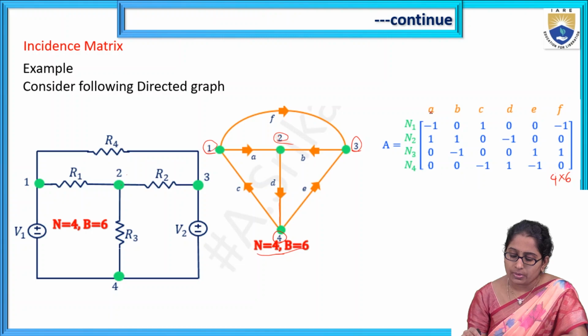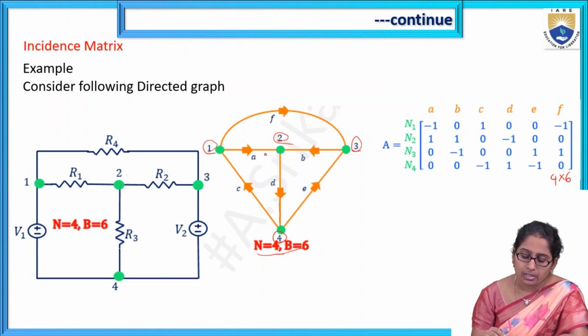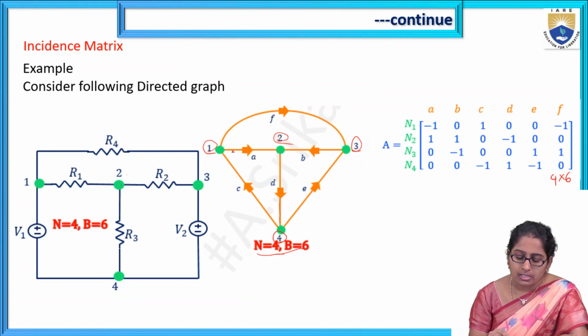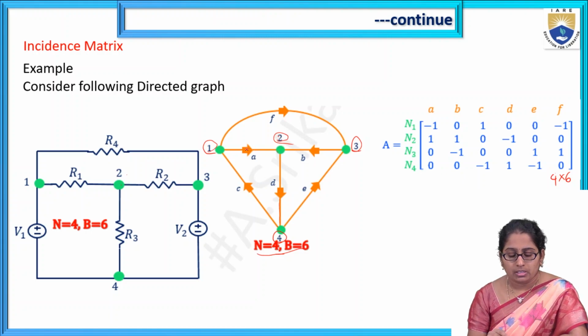So consider first branch current A. If you see in the graph, it is leaving from node 1 depending upon its direction. So under branch A, at node 1 you have to write -1, and it is entering towards node 2.